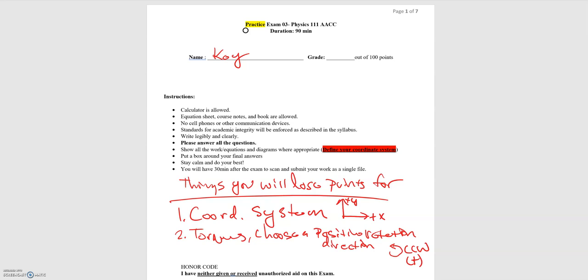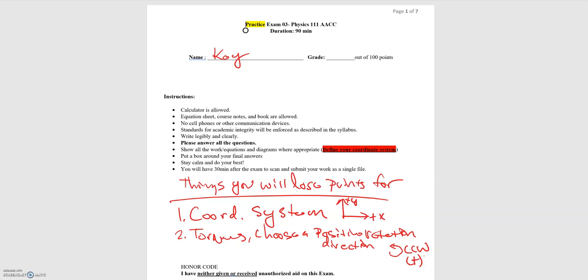It really doesn't matter. It dictates what sign your torque is, depending on what the torque will cause the object to do, which way it will cause it to rotate. So if the torque causes a rotation in the counterclockwise direction, then it will be a positive torque. So this needs to be included. Everybody did fairly well with that.